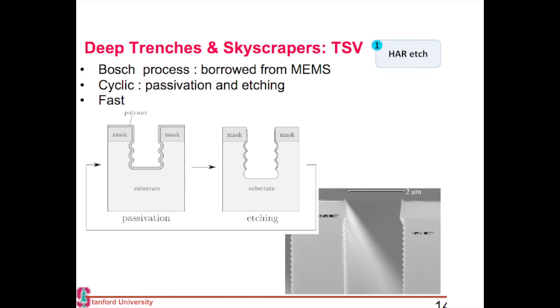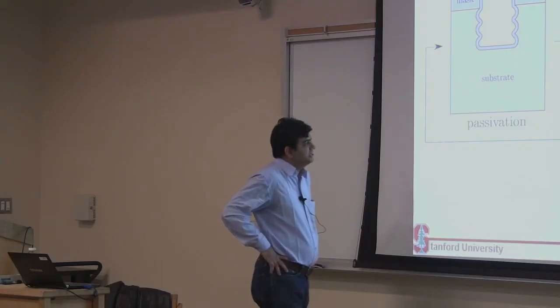It seems like the MEMS people have been doing it for a while, and they use this process called the Bosch process, developed by this company Bosch. It's a MEMS company, has a large office in Palo Alto, and essentially it's a cyclic process between two steps, etch and passivation.